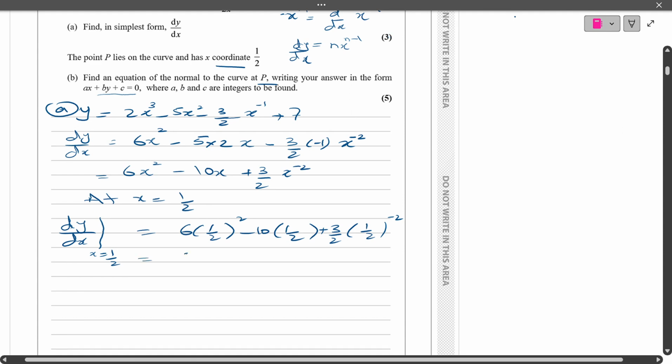So this is 6 over 4, and negative 10 times half is 5, and plus 3 over 2 into 1 over 2 raised to power negative 2. Because the power is negative, we can flip it over, so that becomes 2 squared. Simplify it: 3 over 2 minus 5 plus 3 over 2 times 4.